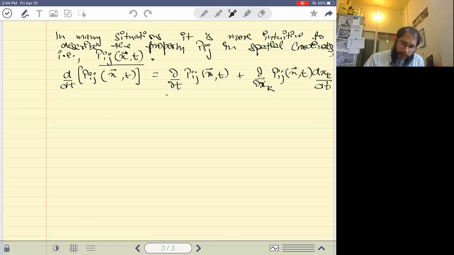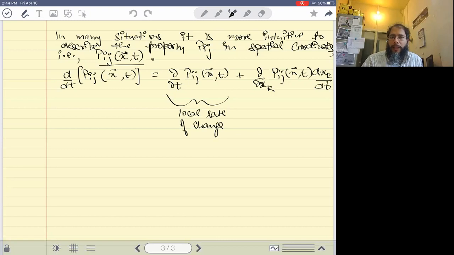So this first part, which is the partial derivative of the spatial description of P with respect to time, is called the local rate of change. It's called local because you are calculating the partial derivative of P with respect to t for a given small x, that is for a given position in your room or a given local position.